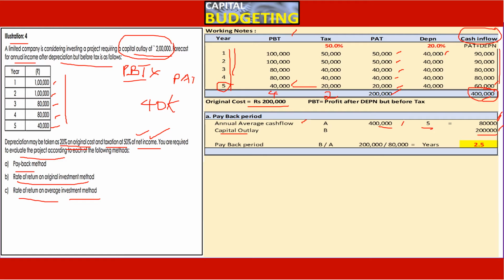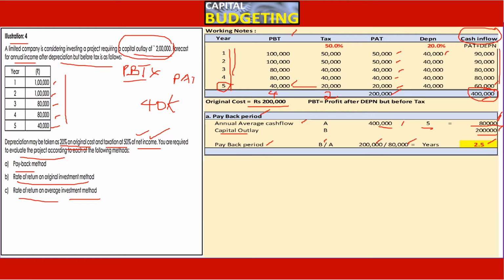You are investing 2 lakhs and every year your cash flow towards recovery is 80,000. How many years do you need to recover? Payback period is equal to capital outlay, which is 2 lakhs, divided by annual average cash flow of 80,000, which is 2.5.